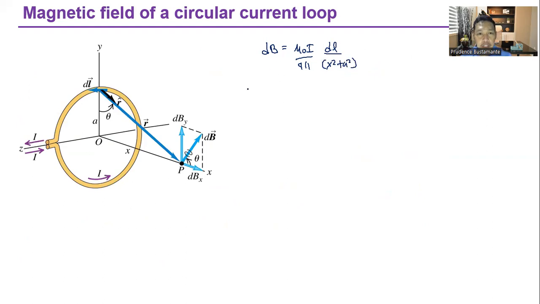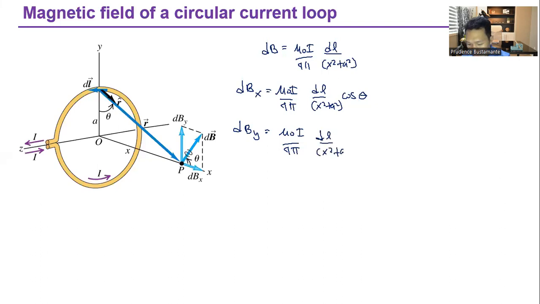So dBx is mu naught I over 4 pi dL over x squared plus a squared times cosine of theta, and dBy is mu naught I over 4 pi dL over x squared plus a squared times sine of theta.